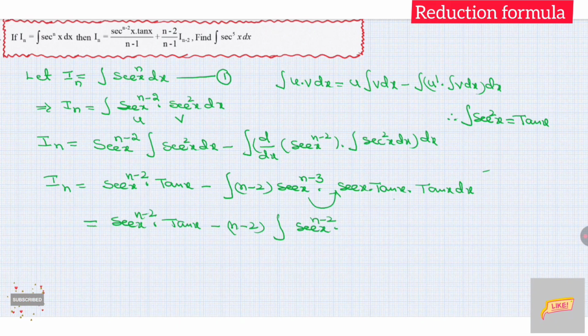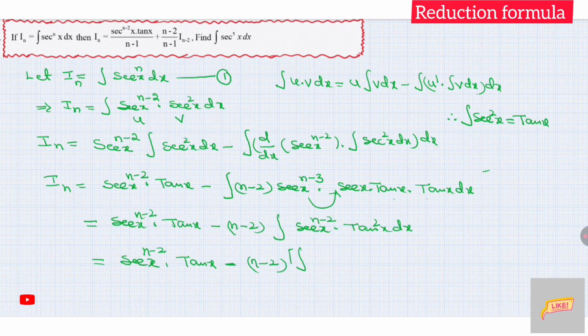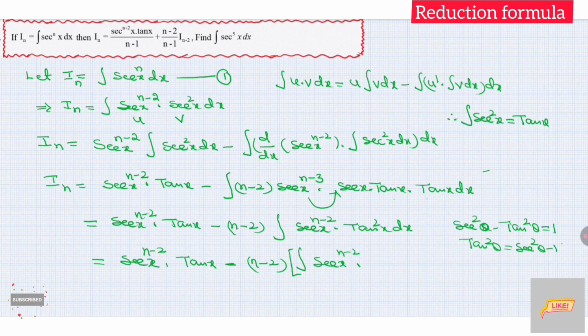Next, I_n is equal to secant x power n minus 2 into tan x minus n minus 2 into integration of secant x power n minus 2 into, we know the identity secant square theta minus tan square theta is equal to 1, then write tan square theta is equal to secant square theta minus 1.